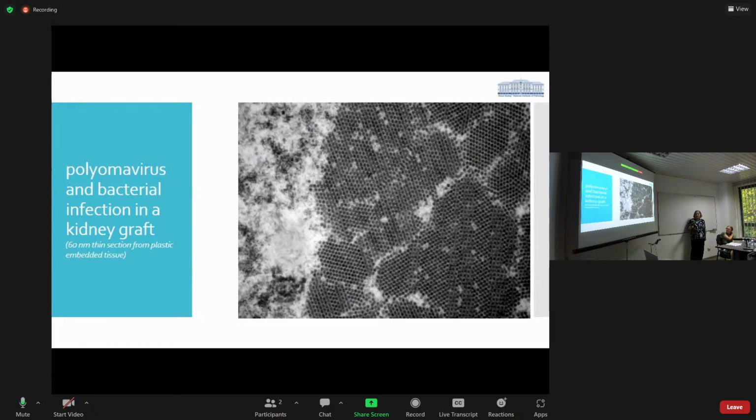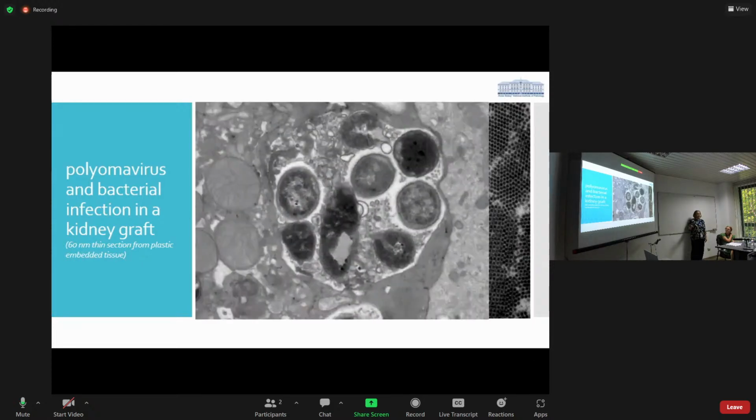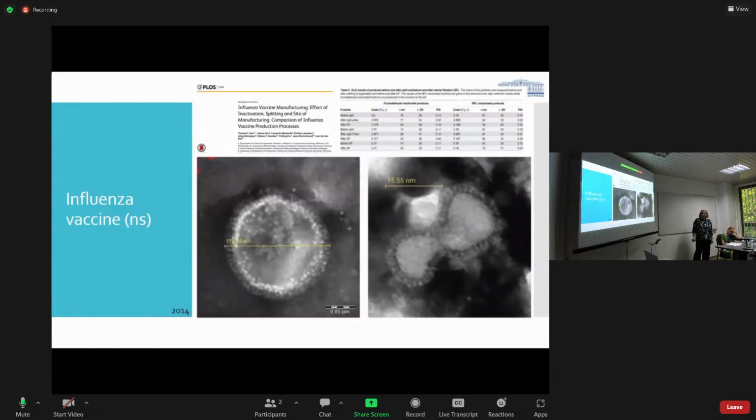But in this kind of technique, we can see viral infection, and also associated bacterial infection. And sometimes this diagnosis could be unresolved in the clinical laboratory.